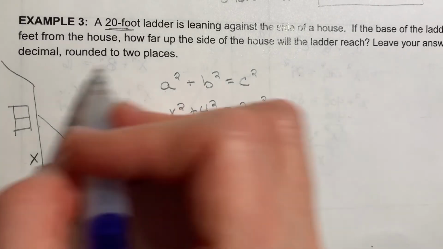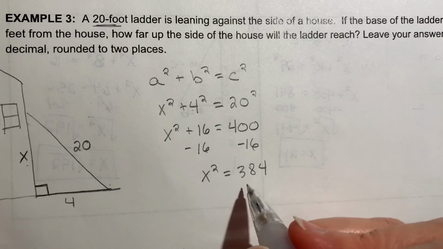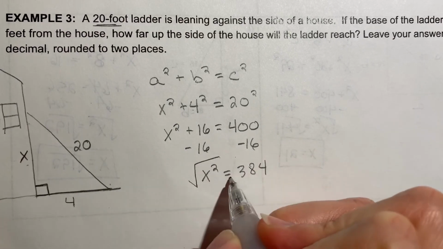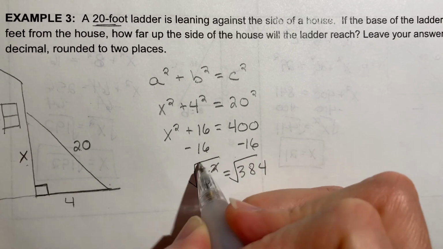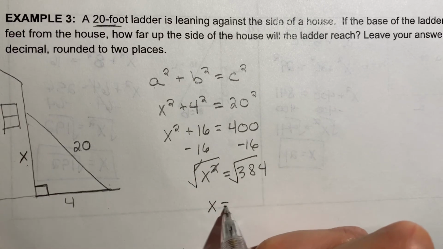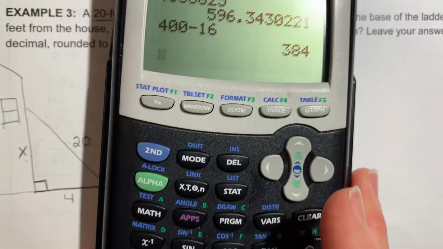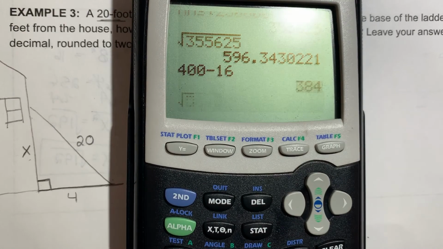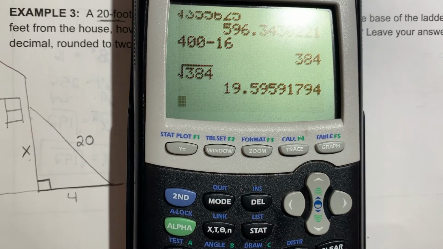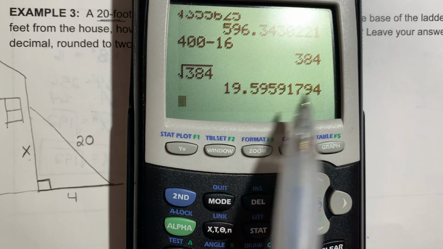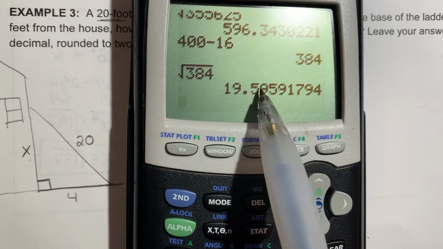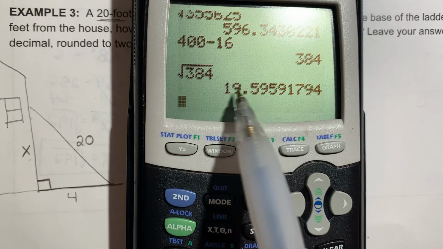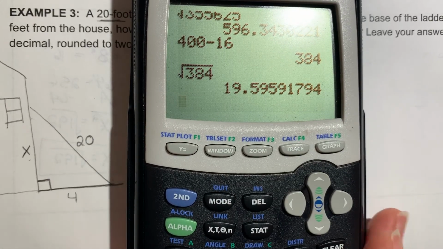Again, this said leave your answer as a decimal rounded to 2 places, so it doesn't really matter if that's a perfect square. I'm still going to take the square root to get x by itself, and I want to put the square root of 384 in my calculator. So 384 is still in there. Grab it. The square root of 384 is 19.59, or you could round that 9 up to a 10, or 19.60.